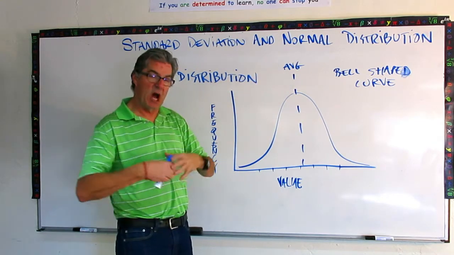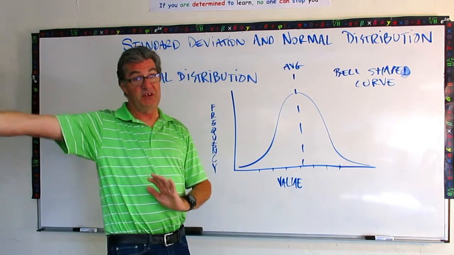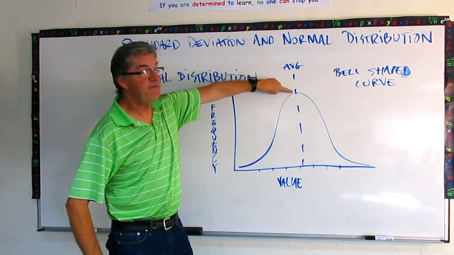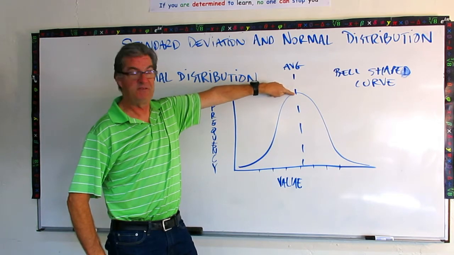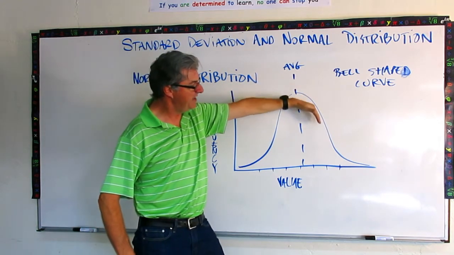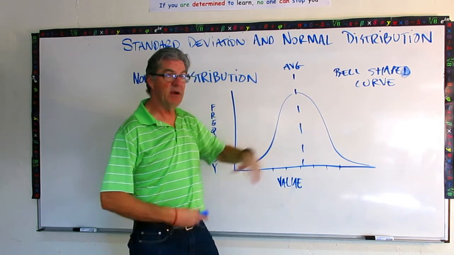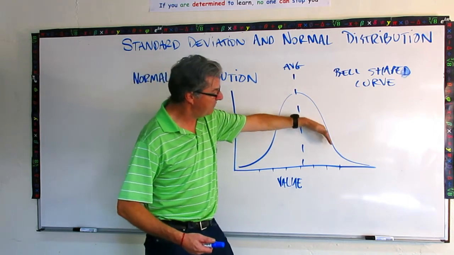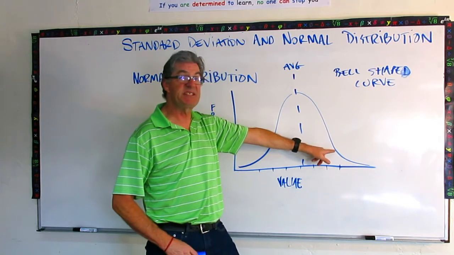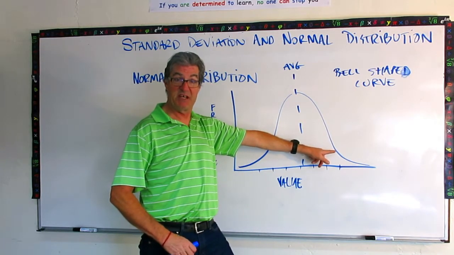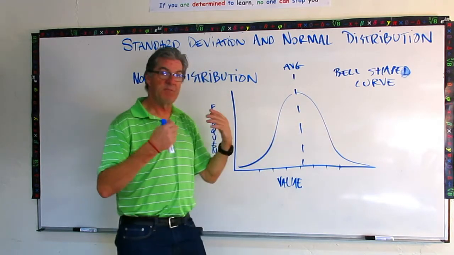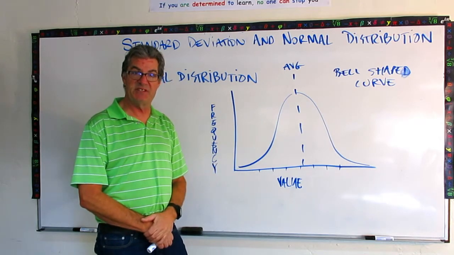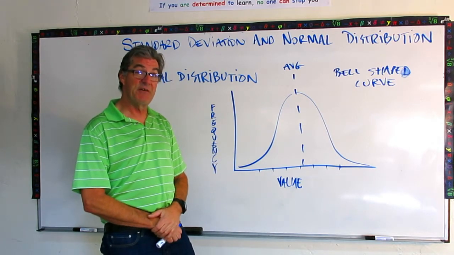So you could think about it like this. If I flipped a coin 100 times, like a bazillion times, the most common value would be 50-50, 50 heads, 50 tails. As we move away in this direction, this point here might be 60 heads and 40 tails. As we move further out along the curve, it might be 70 heads and 30 tails. So we're getting those combinations of heads and tails less and less frequently.